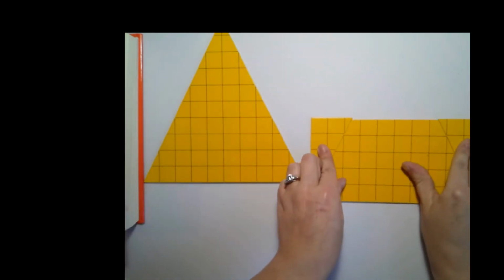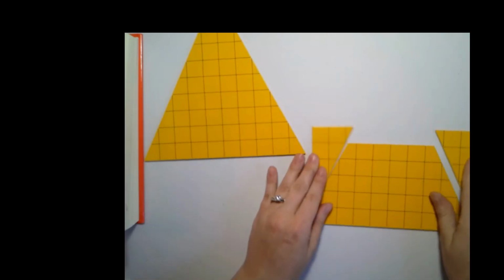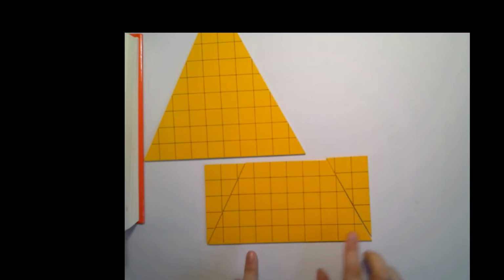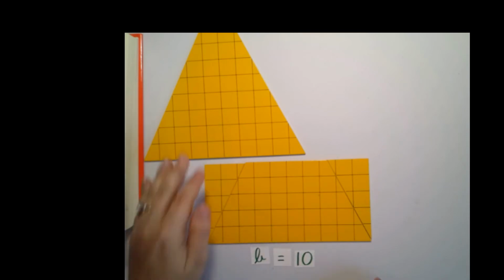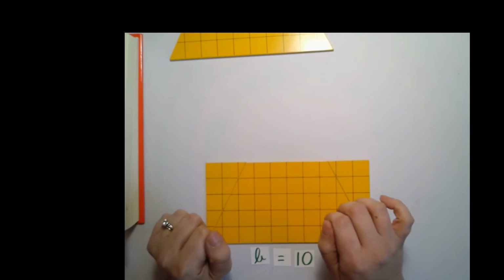and we're going to multiply it by, oh, let me move this, the base. So we see that our base is 1, 2, 3, 4, 5, 6, 7, 8, 9, 10. Our base is 10, just like before. Okay. And then we have our height that we divided in half.